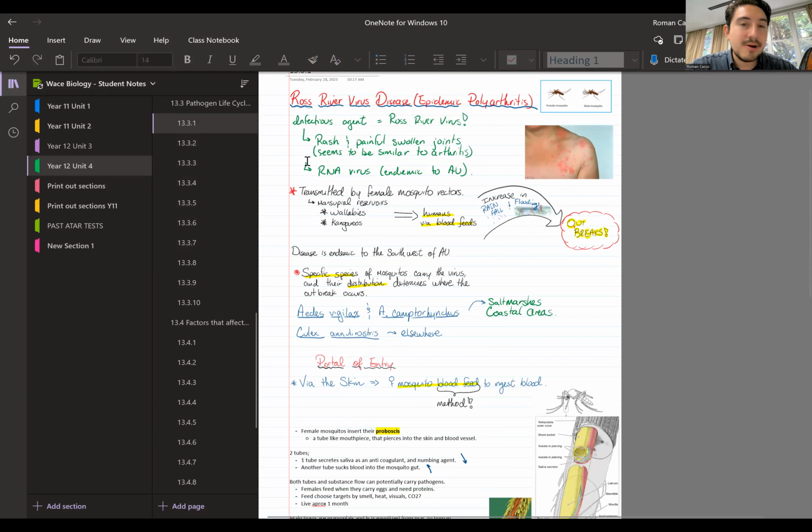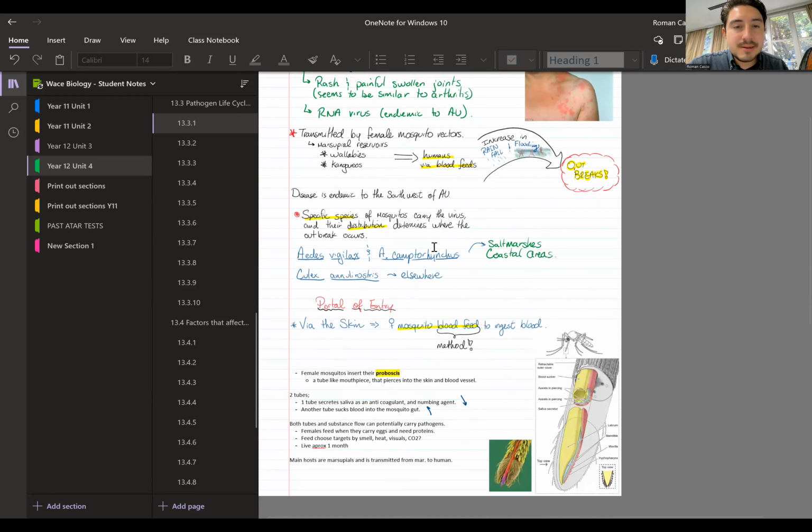So, getting into the actual class content. In our last class, we talked about the Ross River virus disease, or in other words, epidemic polyarthritis, which is a viral disease transmitted by the mosquito vector. You get particular symptoms similar to arthritis.